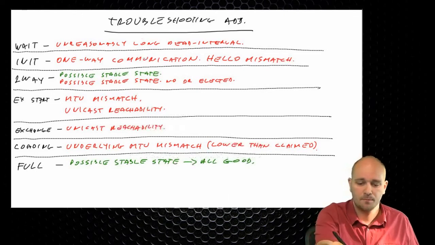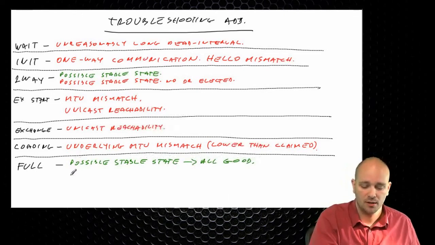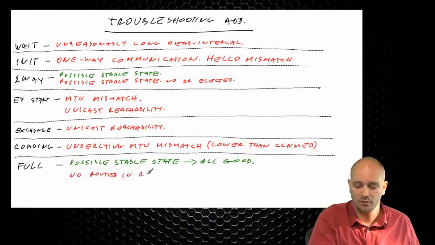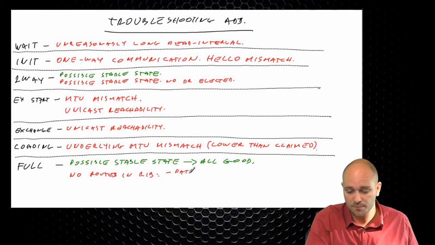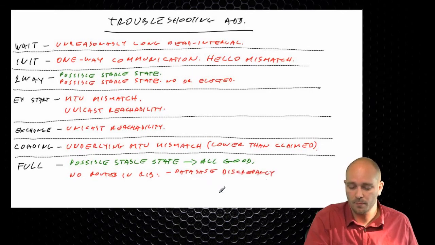But sometimes we have a situation where we are full but there are no routes in the routing table. If that is the case, the situation is database mismatch, or I should say database discrepancy, or filtering.